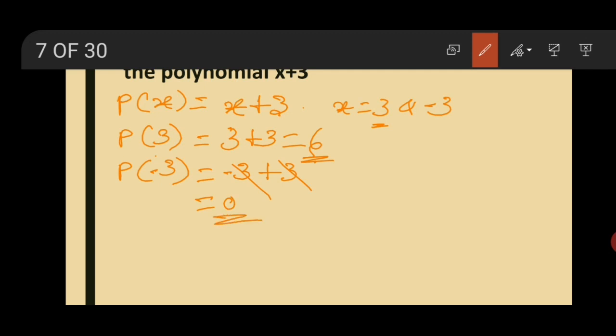We will get 0 as the answer. Therefore, whenever you get 0 as the answer, meaning P of x is equal to 0, then the value of x is said to be a zero of the polynomial. Therefore, minus 3 is the zero of the given polynomial, right?